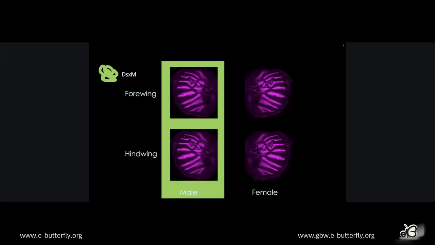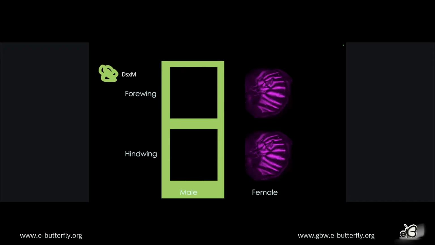So the Doublesex male version of the protein can now, for instance, repress this purple protein just in males but not in females. And that can create right away a dramatic change in wing patterns if, for instance, this purple protein is activating some melanin pathway program or pigmentation program.